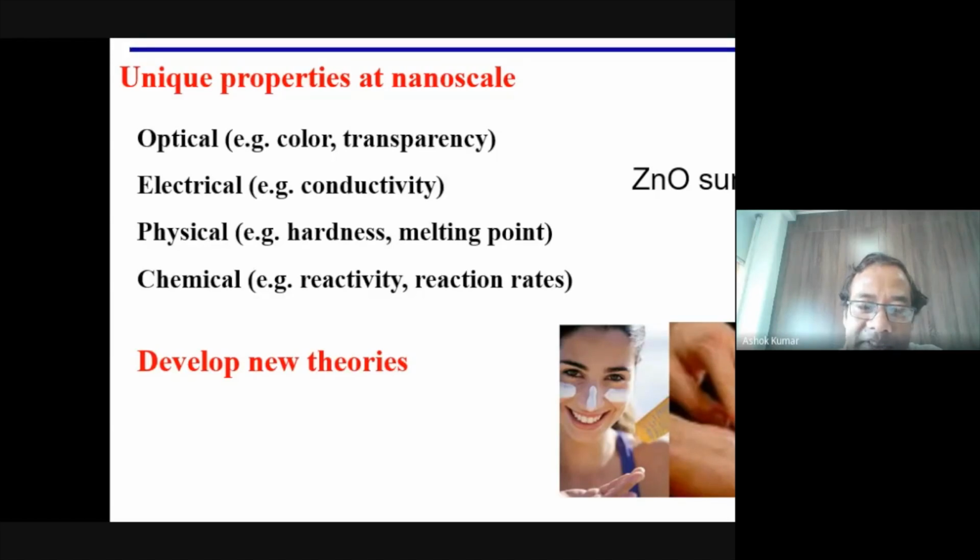How they change, we can see with a simple example: melting point. How do we define melting point? It is the temperature at which atoms and molecules start flowing and become free, meaning bonds break. For example, NaCl, sodium chloride. Once you heat it, the sodium ions and chloride ions start becoming free, and that temperature is the melting point. What is the relation of this temperature with size?